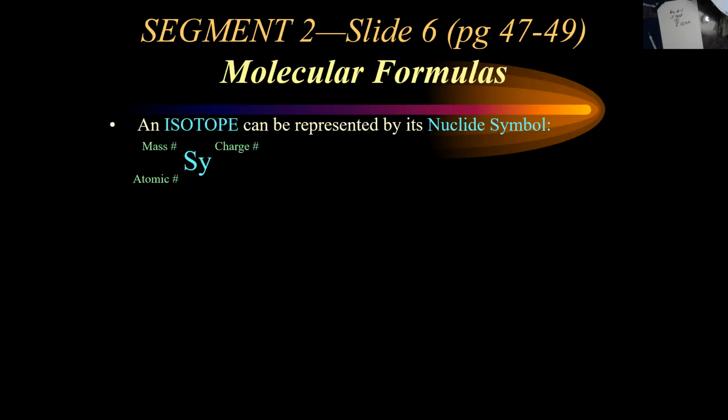I would bet you that chromium has probably very minor, if any at all, other isotopes other than the 52 isotope. That would explain why the 52 is a whole number. Another element that's almost isotopically pure is fluorine.